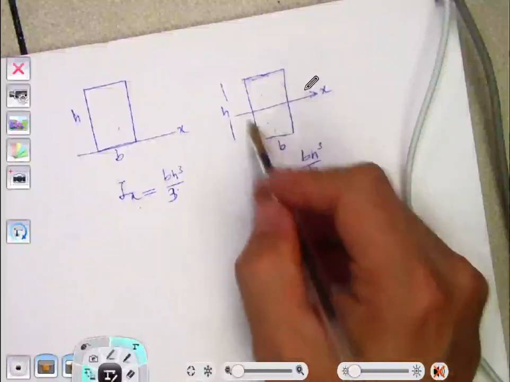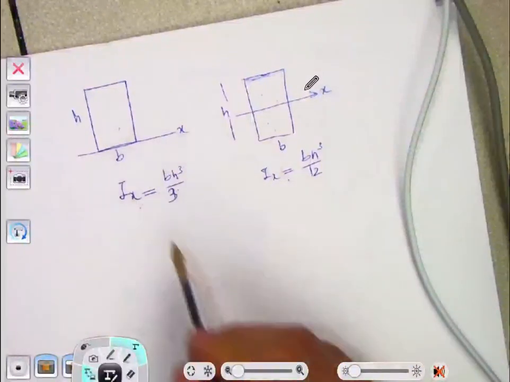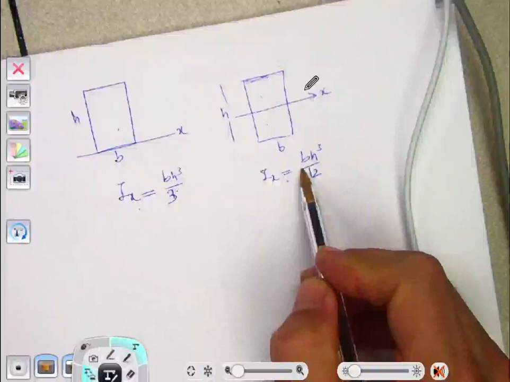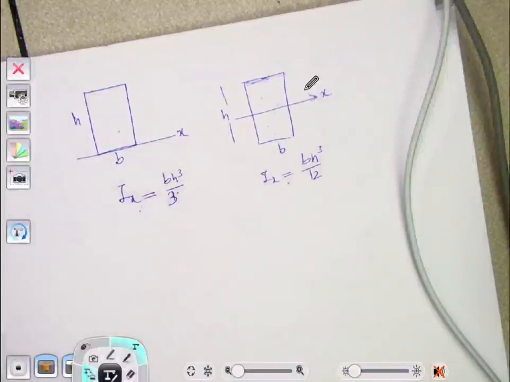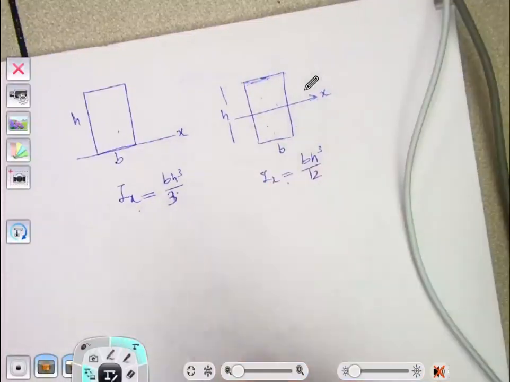So in general they're closer than this case. So that's why here Ix is smaller than this one. Make sense? As I said earlier, moment of inertia is basically a measure that tells us how our area is distributed about the axis you are interested in.